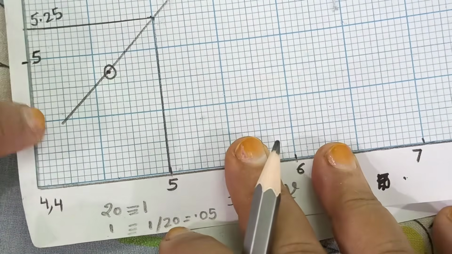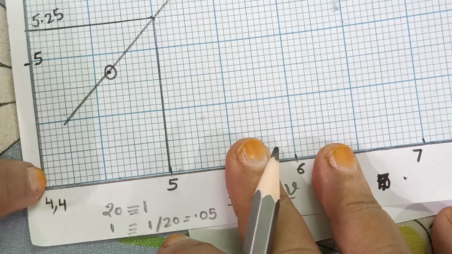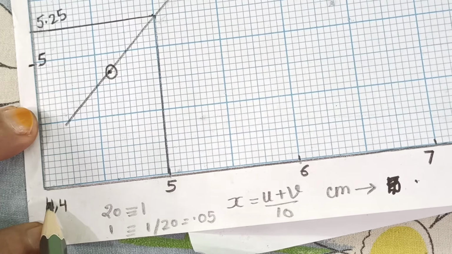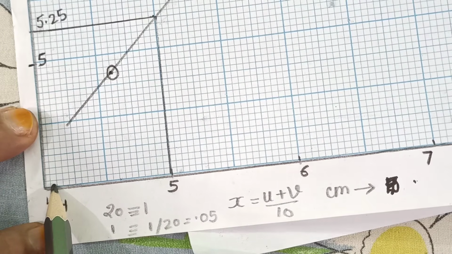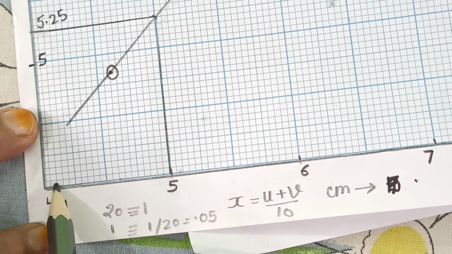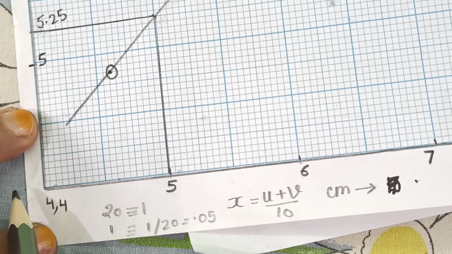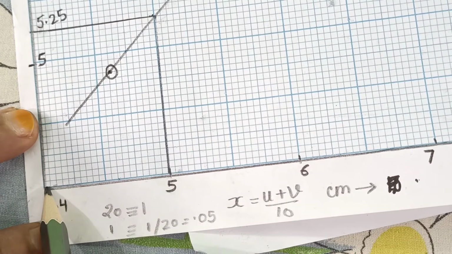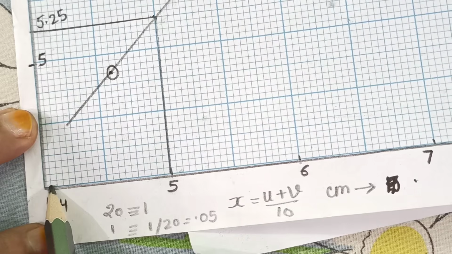So if I move to the first small division, then it is 4.05. Next it will be 4.1. Every small division will add 0.05 to the previous value. So here it is 4.05.